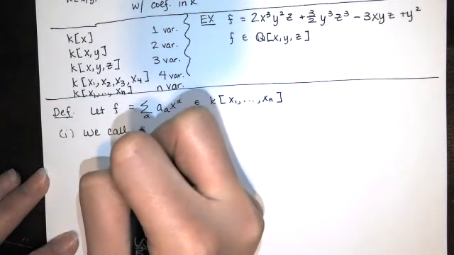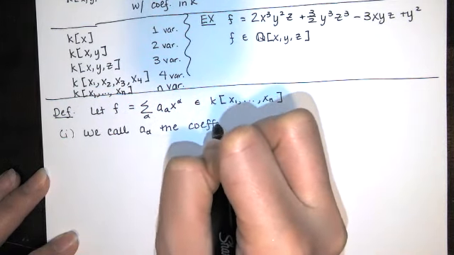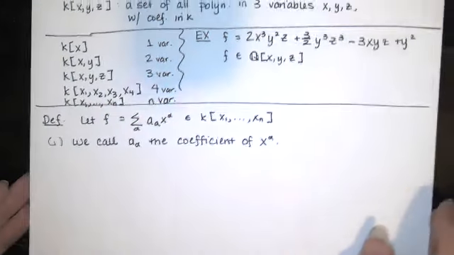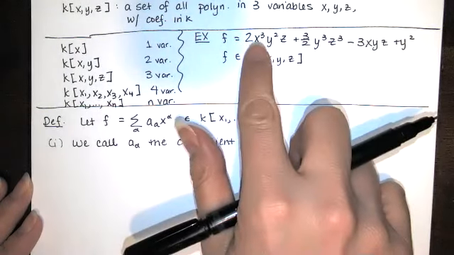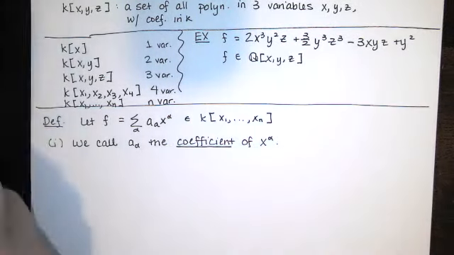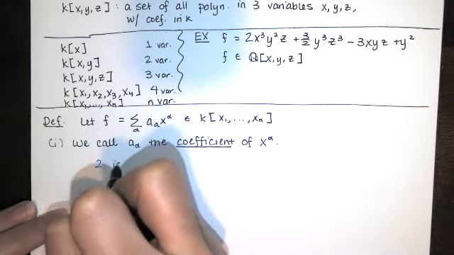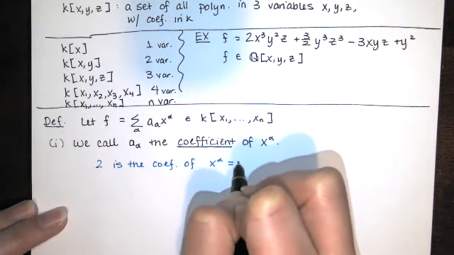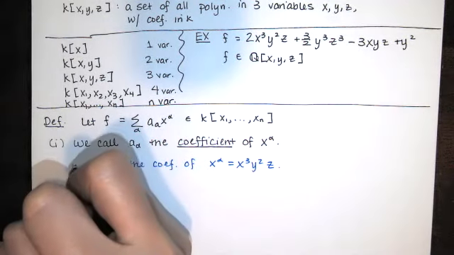Here are some definitions. We're going to call a sub alpha the coefficient of x to the alpha. So over here, 2 is the coefficient of x to the alpha, where x to the alpha is x cubed times y squared times z. Okay, just as an example.